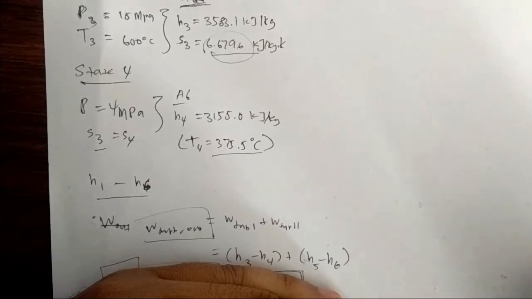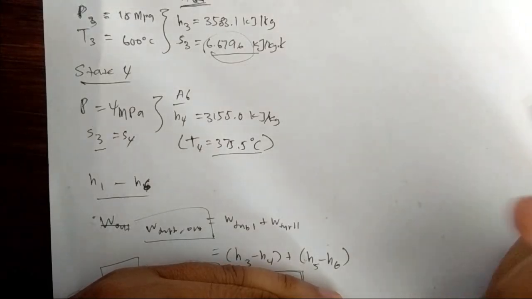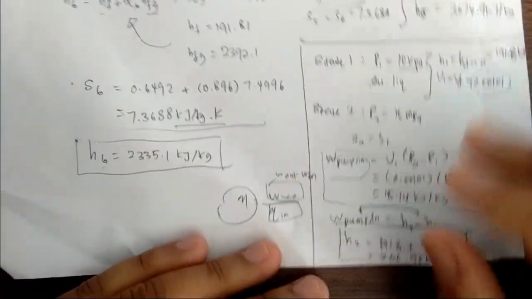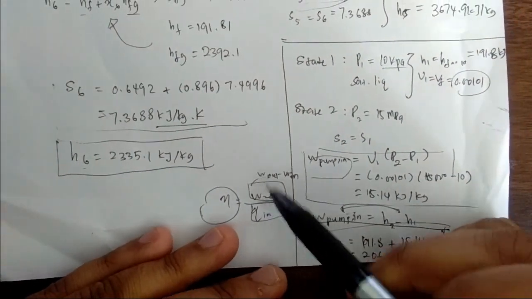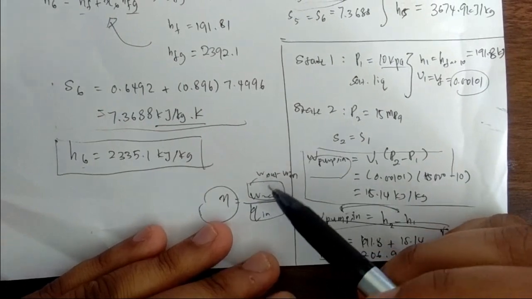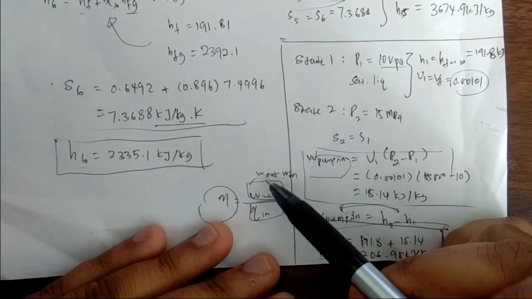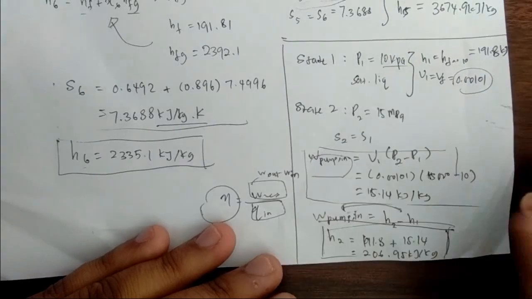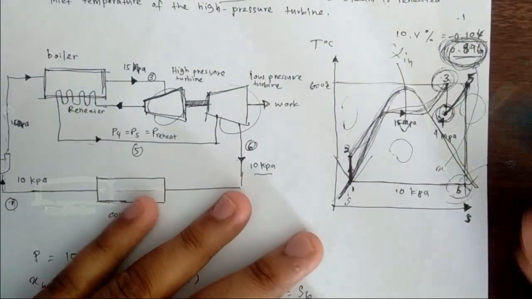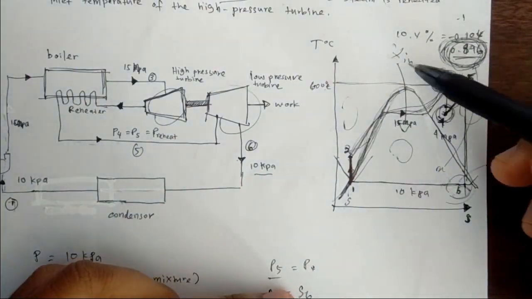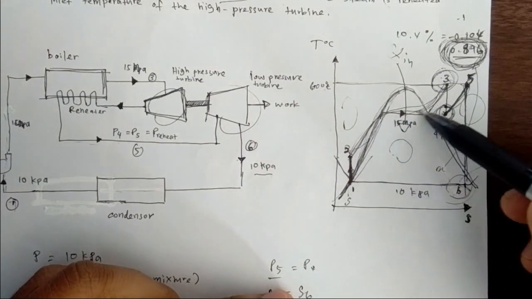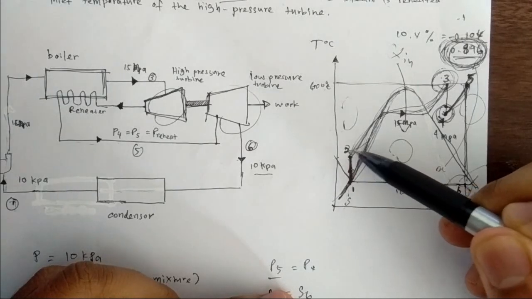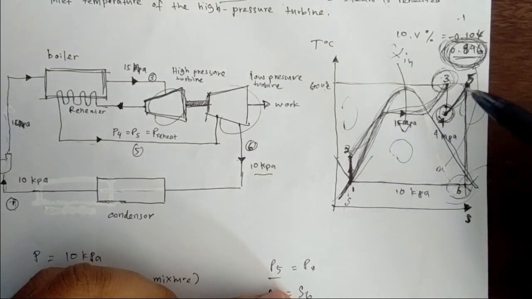What about Q in? In order to calculate the efficiency, you need these parameters: work out, work in, and Q in. The position of Q in on a TS diagram is in this region at state 2, 3, 4 and 5.